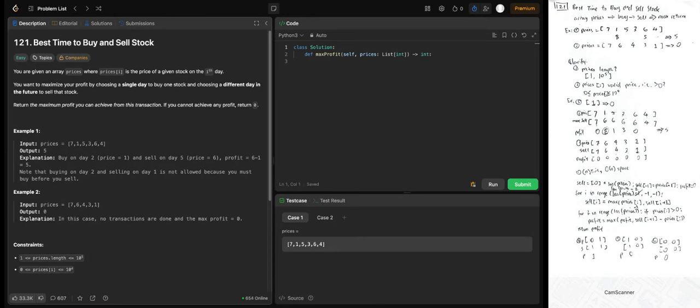At the end, I will return the profit. I think this should work. So in the second loop here, I assume if I buy at 7, the sell at the next day would be 6. So I make no profit and just take the current profit, which is 0, meaning I don't do any transaction.